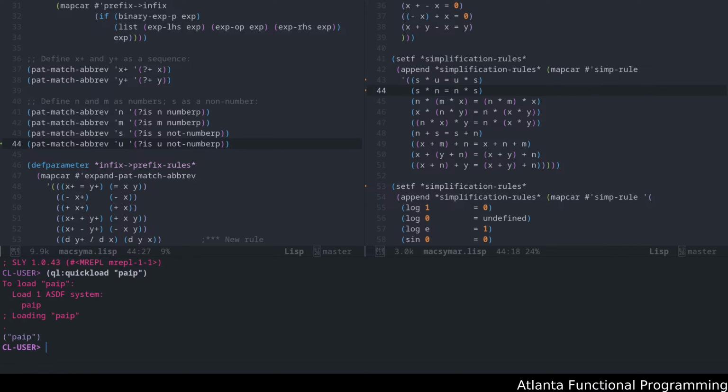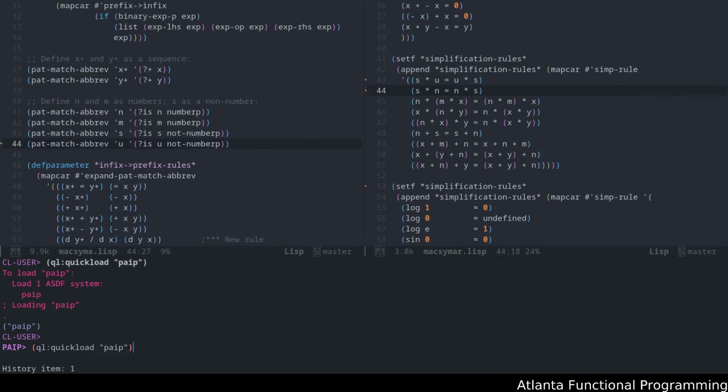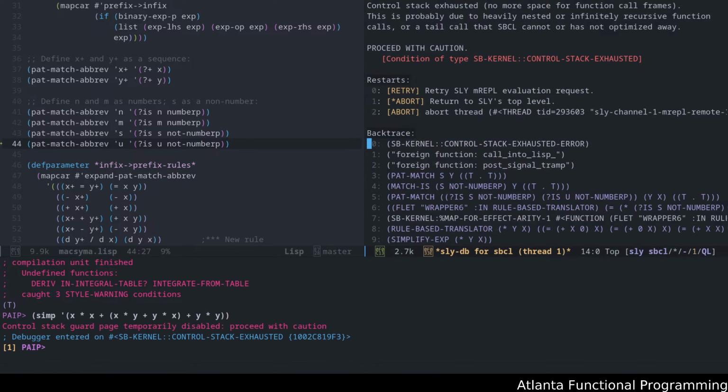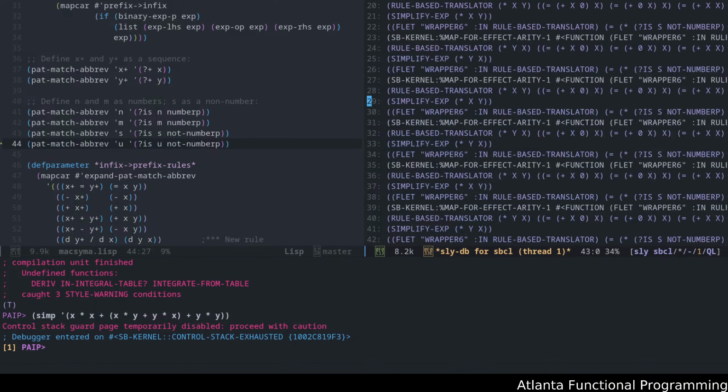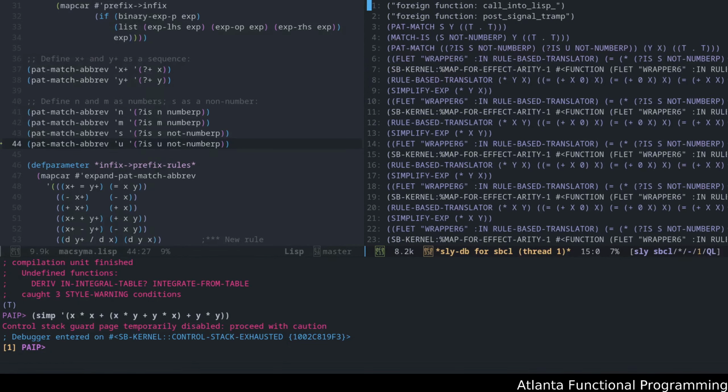Quickload. Set package to PAIP, which allows us to use this. Okay, and that still also doesn't work. But which rule did it actually try to apply? Let's see here.